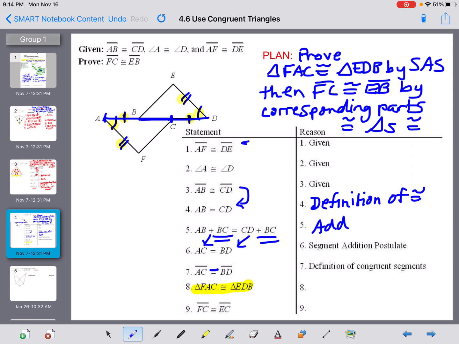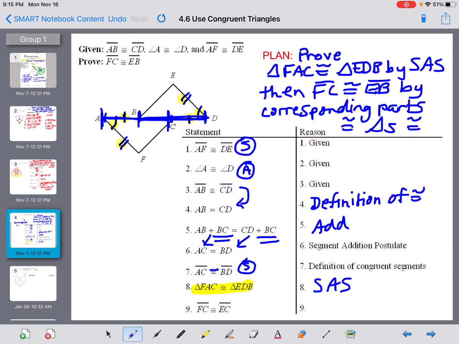So this was a pair of sides, the whole thing, AF and DE. This was a set of angles, okay? Until we named AC from here to here and BD from here to here, this is the first we actually have our third piece, right? Our full set of sides. So now my triangles are congruent by side, angle, side.